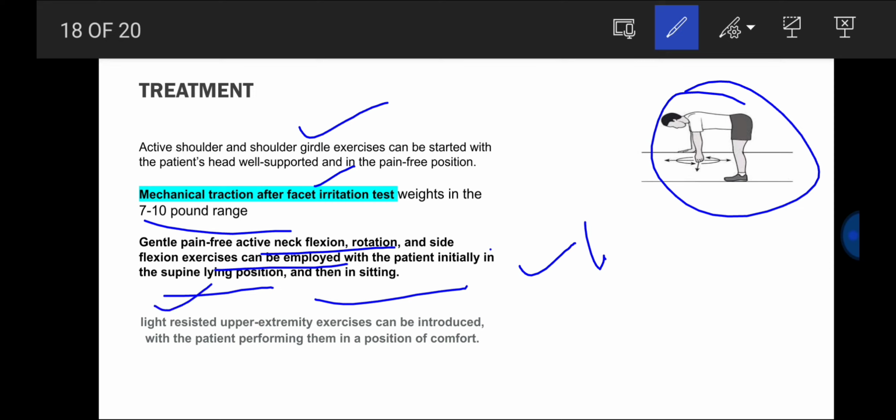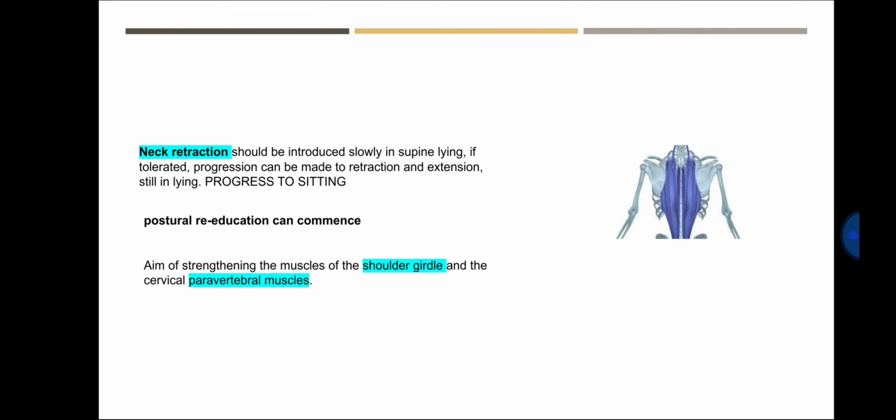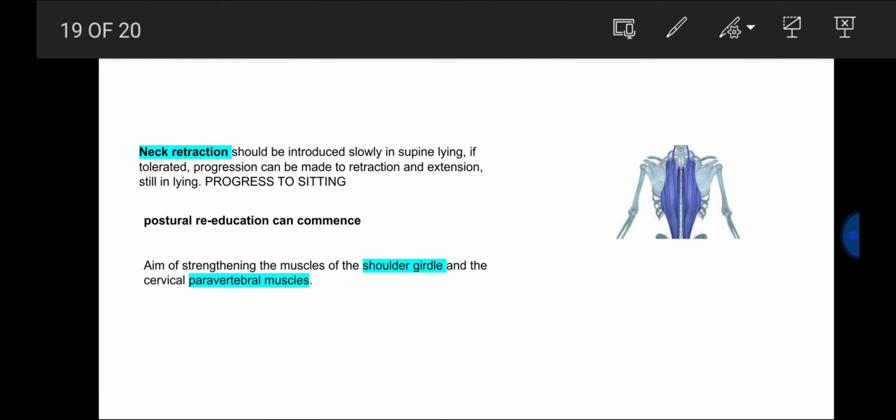Light resisted upper extremity exercise can be introduced with the patient performing them in a position of comfort. Neck retraction exercises should be introduced slowly in supine lying. If tolerated, progress to retraction and extension exercise, and then progress to the sitting position.